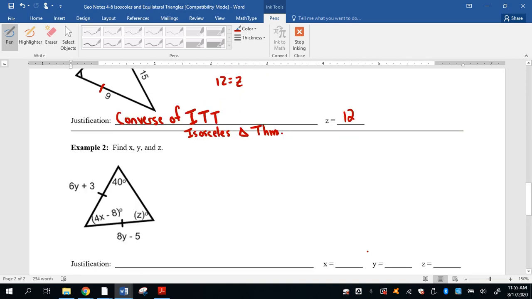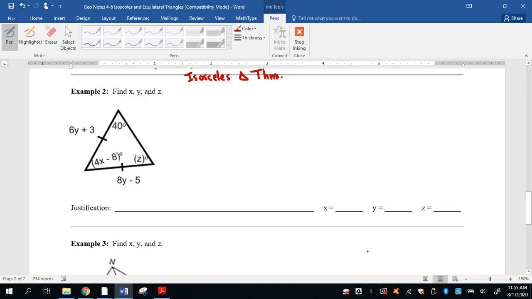Well, we know that this is an isosceles triangle, so by the isosceles triangle theorem, or just say ITT because we've already written out isosceles triangle theorem, the base angles are congruent. So we know that z is also 40 degrees. And we know that by the triangle angle sum theorem, in a triangle, the angle sum is 180.